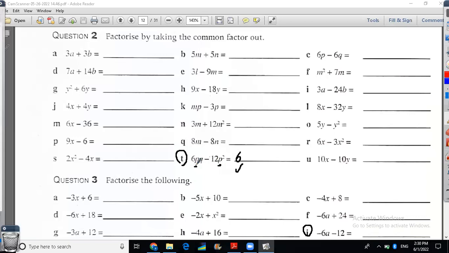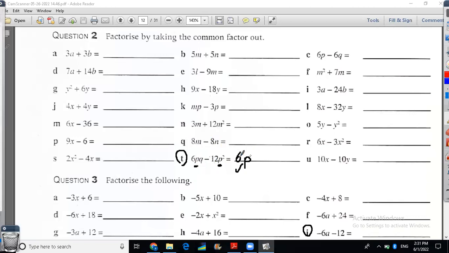Good. So I'm going to take the p from here and the p from there. Now, the highest common factor is the one with the least power. I have p to the power of 1, and I have p to the power of 2. Which one am I going to take as a factor? The one with the least power, which is p. So it is 6p.